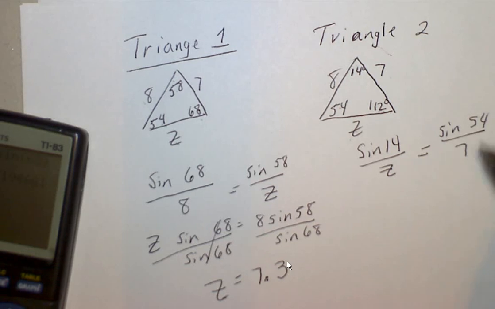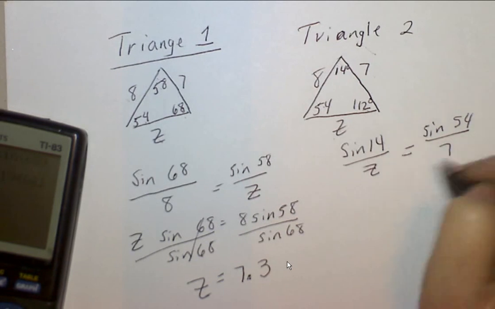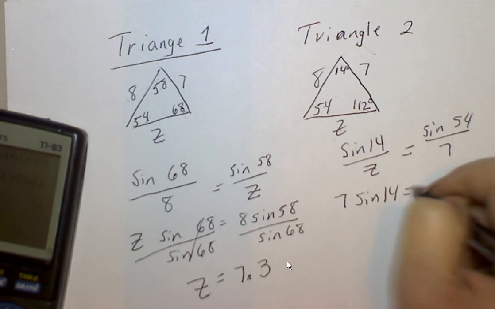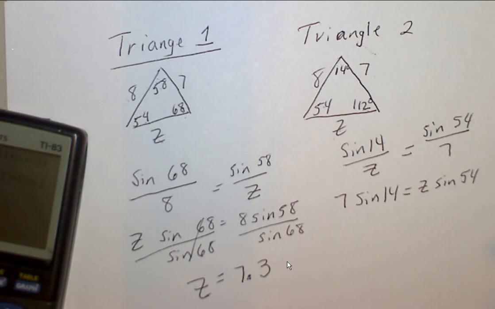I am going to now cross multiply, so I have 7 sine of 14 is equal to z sine of 54, and then divide by sine of 54.